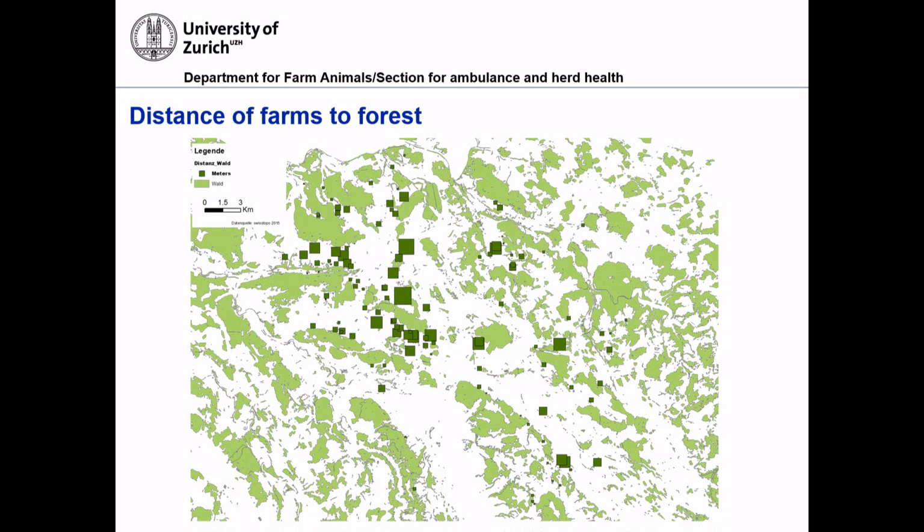So, with the geographical information system, you have different layers. Here you see one layer, the map or the layer for the forest in this region. The size of the square shows the distance of a farm from the next forest: the larger the square, the farther away the farm is situated.